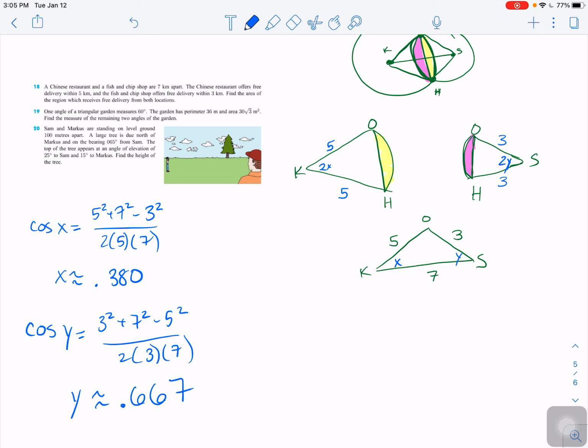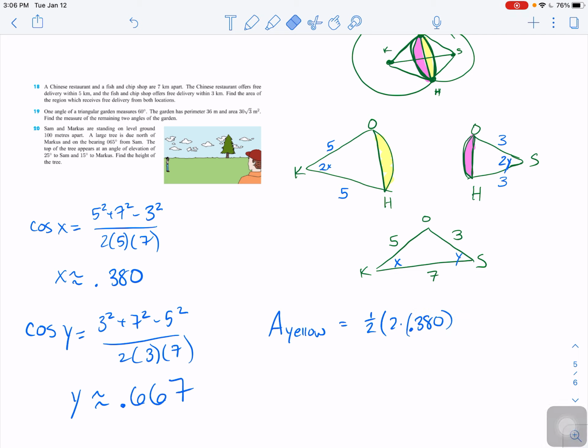So now I know that, what do I know? I know that the area of the yellow would be equal to, well, it's the area of the sector, so 1/2 theta r squared. So that's 1/2, and our theta is actually twice that big, 2 times 0.380. Maybe I should use parentheses.